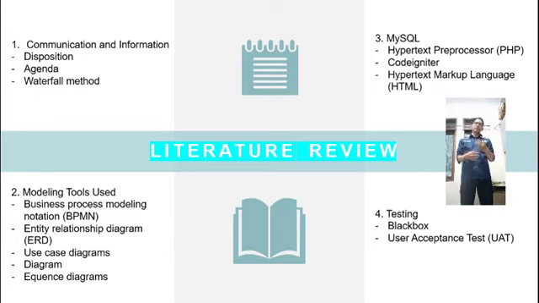The third point is hypertext, for MySQL, we use hypertext preprocessor, or PHP, and hypertext markup language or HTML. The last aspect is testing, black box and user acceptance test or UAT.